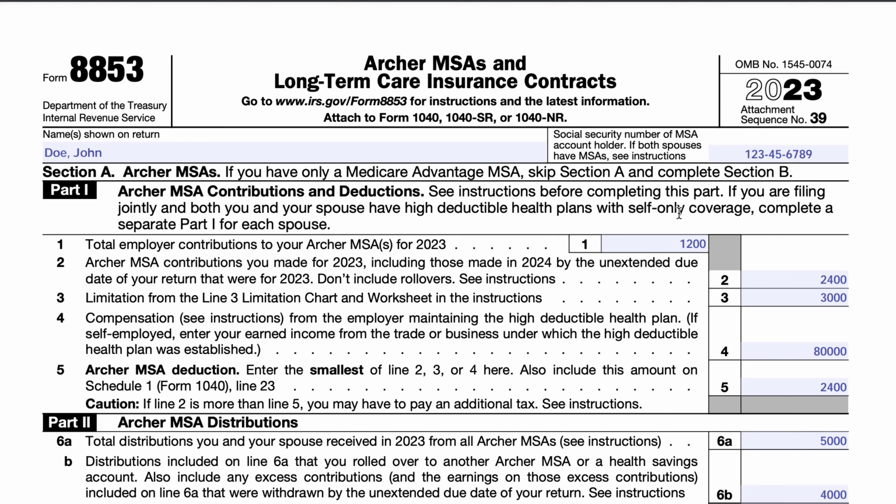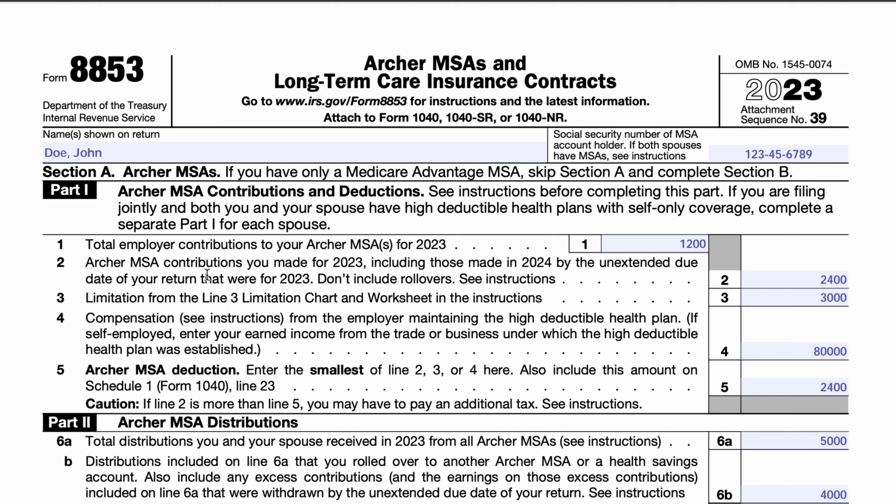So with Section A, we're going to talk about Archer MSAs. If you only have a Medicare Advantage MSA, then you can skip this section and go straight to Section B. So in line 1, you put the total employer contributions to your Archer MSA for the tax year.